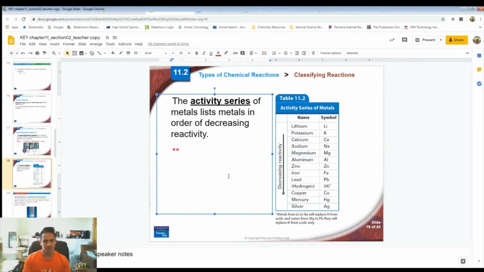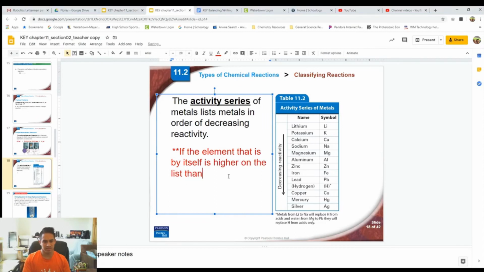Okay, so if the element that is by itself is higher on the list than the element that is in the compound, then a reaction will happen. If not, there will be no reaction.